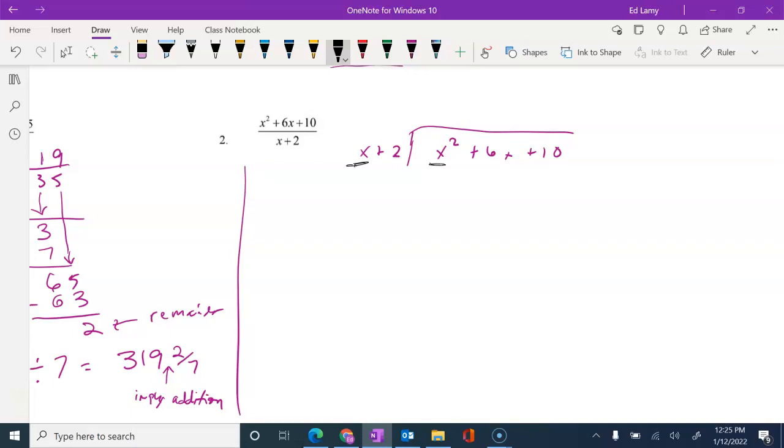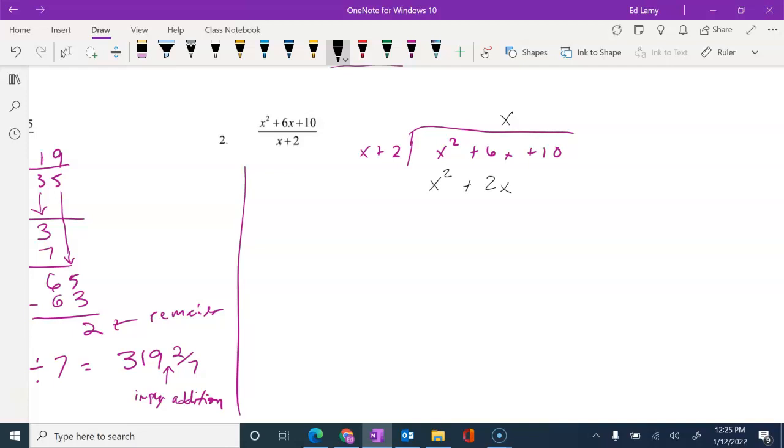How many times does x go into x squared? You would say, well, I have to multiply by x. Line it up, put it here, in the linear column. Now we go to the multiplication part. x times x is x squared, and x times 2 is 2x, positive 2x.